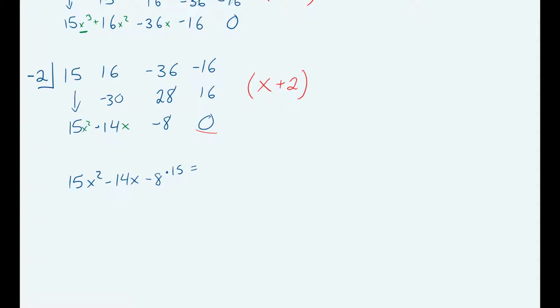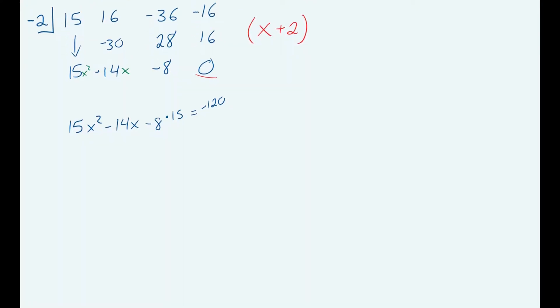We get negative 8 times 15, negative 120. Now we've got to find factors of negative 120 that add to negative 14. After a bit of thinking, you might come to the realization that it is in fact negative 20 and positive 6.